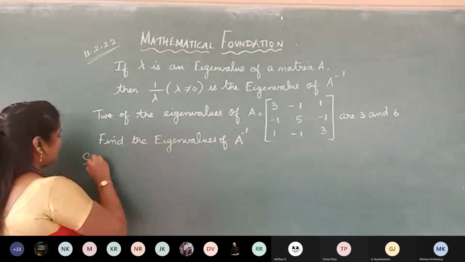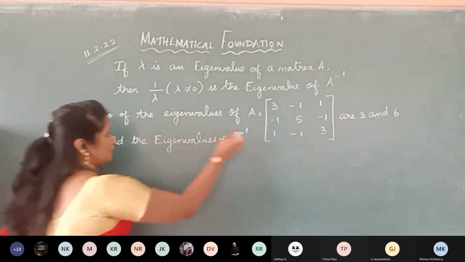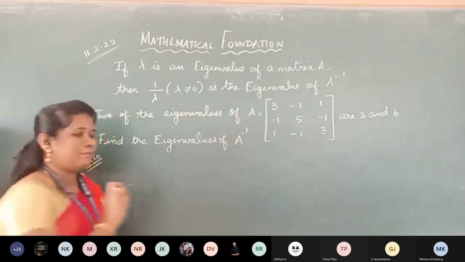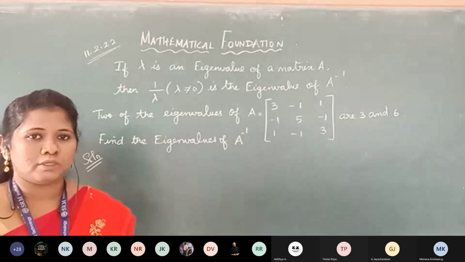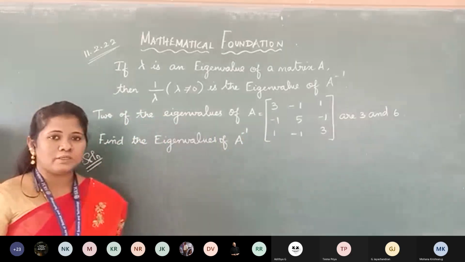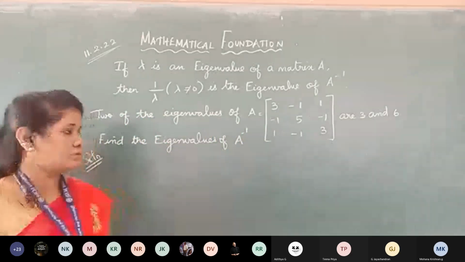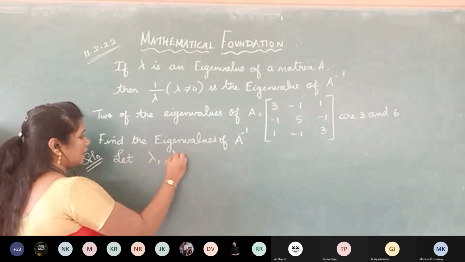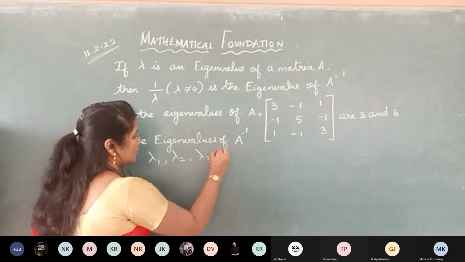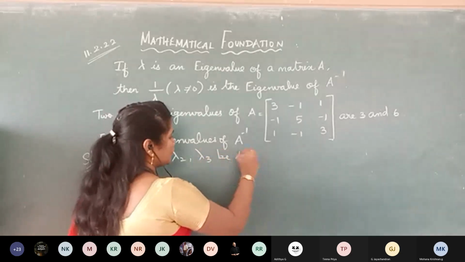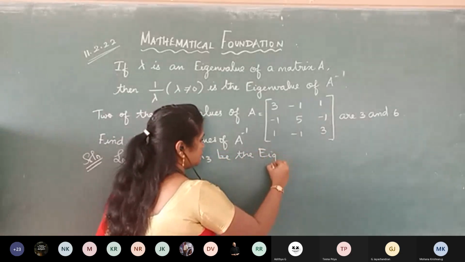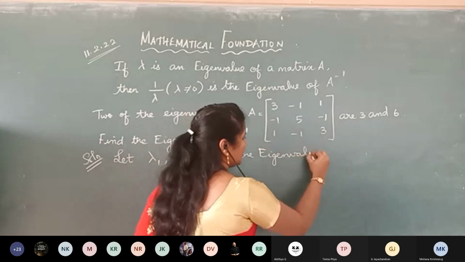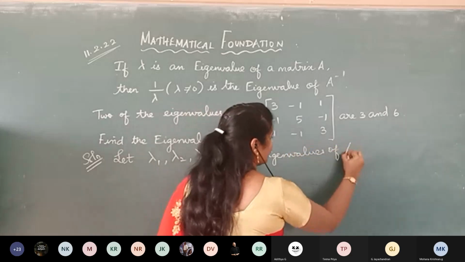So in the problem, since they have already given A, you need not denote it here. Okay, so you can denote your eigenvalues. Let lambda 1, lambda 2, lambda 3 be the eigenvalues of the given matrix A.